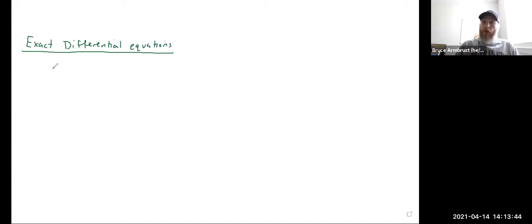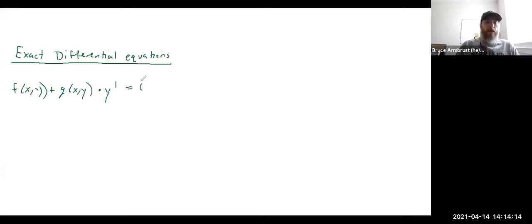Well, the form for these is you're going to have some function, let's do f of x y, plus some other function, g of x y, times y prime equals 0.